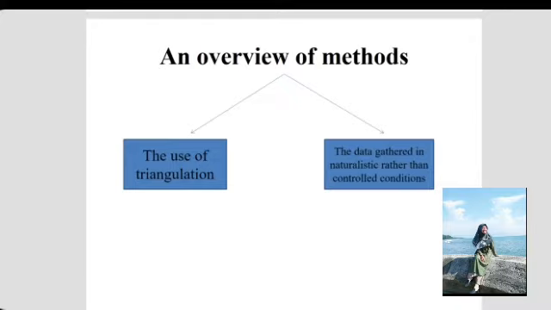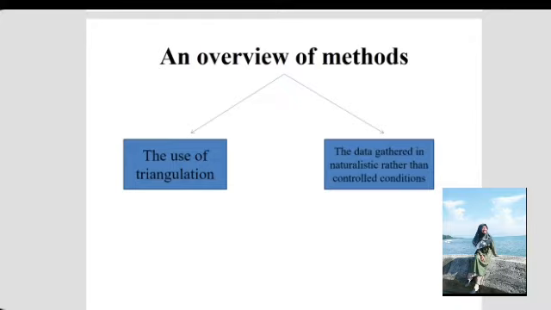The concept of triangulation, or the use of multiple sources of data or approaches, can bring greater plausibility to the interpretation of results.